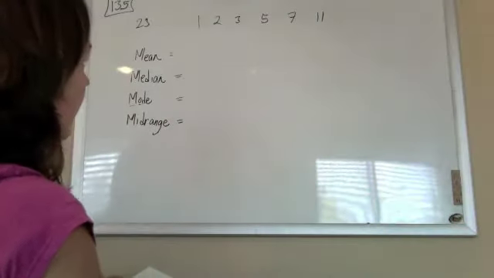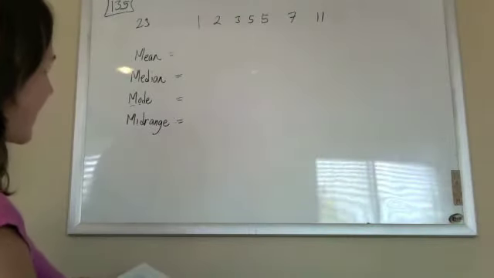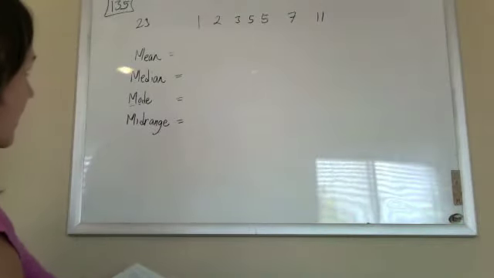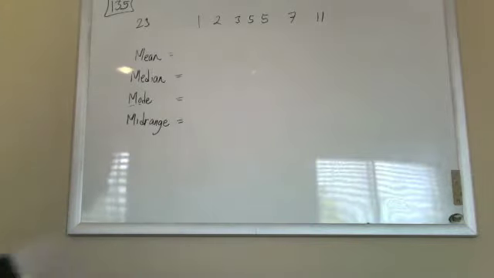So 1, 2, 3, 5. I can copy. 1, 2, 3, 5, 5, 7, 11. Got it. And they want all the normal stuff, mean, median, mode, and mid-range.